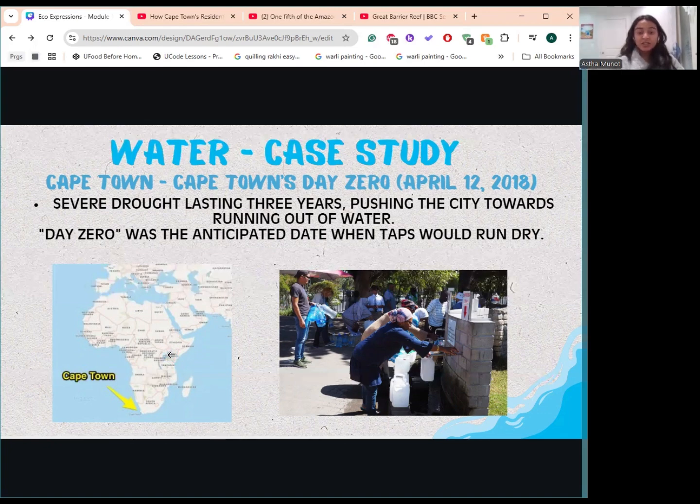That's a sixth of the amount of water a normal American uses in a day. Fortunately, conservation efforts and rainfall prevented this complete disaster, but it was a wake-up call for cities worldwide. They were so close to running out of water, but they didn't. It was predicted to happen on April 12th of 2018.